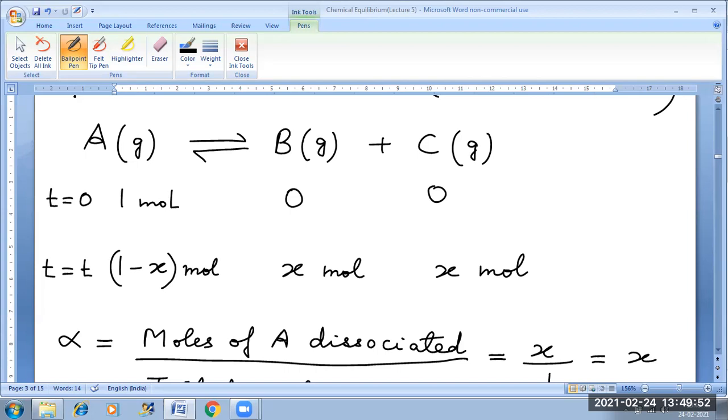This means that x moles of A have undergone dissociation, because what is reacted is called moles reacted or moles dissociated. Correct? Any doubt?